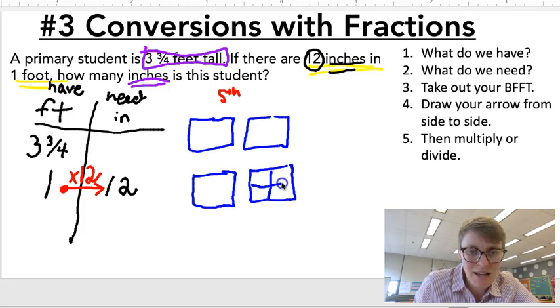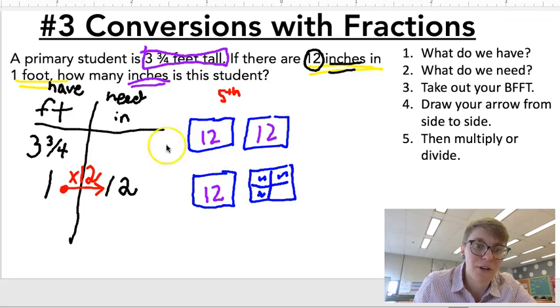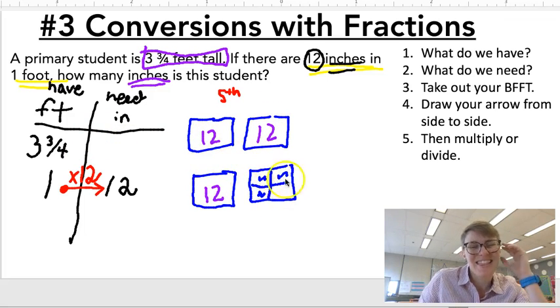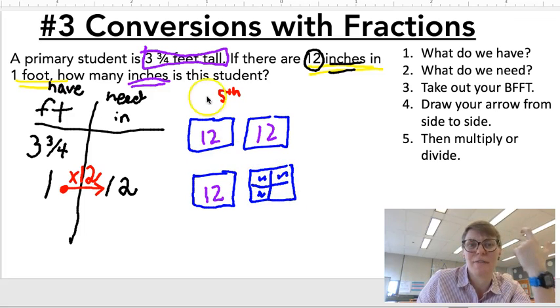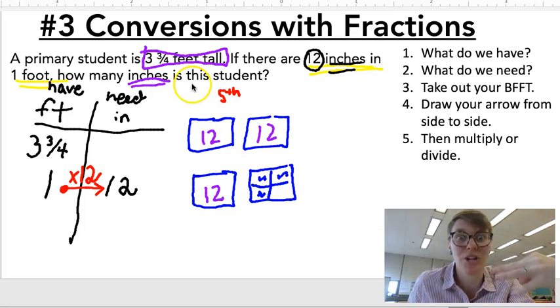So I'm going to actually make it into fours and shade in to show 3 out of 4. Now, because of my conversion here, 12 inches in 1 foot, I know that I can put 12 in this one, 12 in this one, 12 in this one, because every foot has 12. And then this one's a little tricky. This is why I said the fraction makes this problem more rigorous or more challenging.